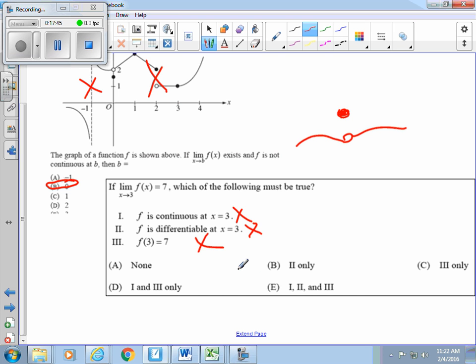At 3, I don't know anything about that. So, is the limit existing the same as something being continuous? No. That's one of the most common mistakes in calculus, to think that a limit existing means that we are continuous, and it does not.